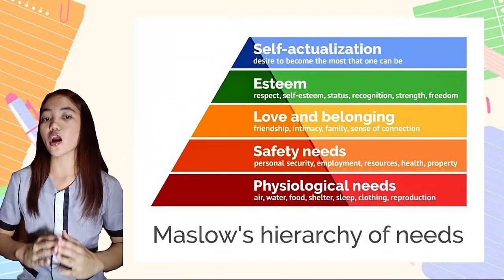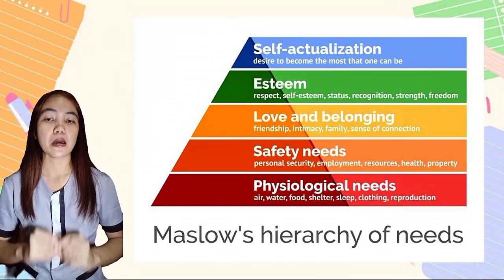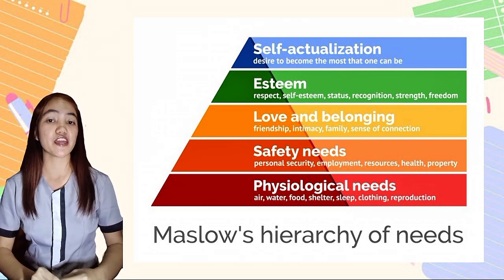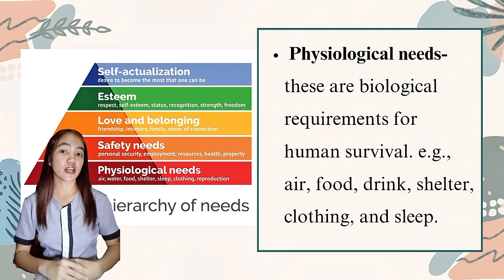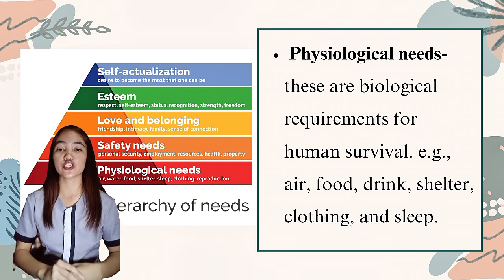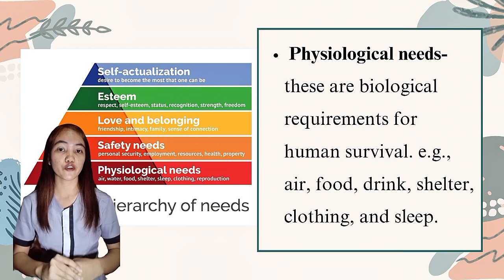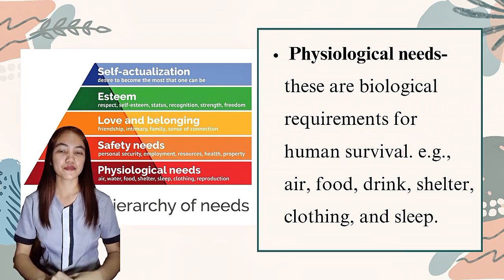Let's start by understanding Maslow's hierarchy of needs. Maslow argued that survival needs must be satisfied before the individual can satisfy the higher needs. At the bottom of the pyramid are physiological needs. It is a biological requirement for human survival.